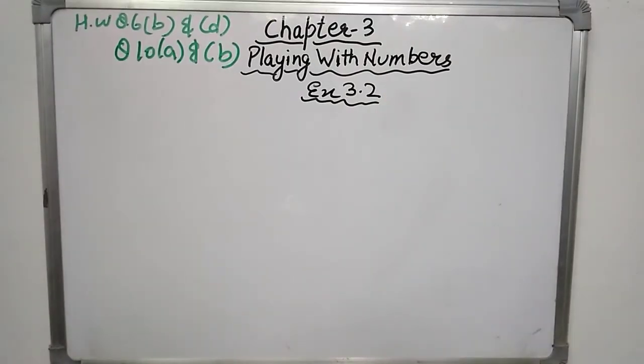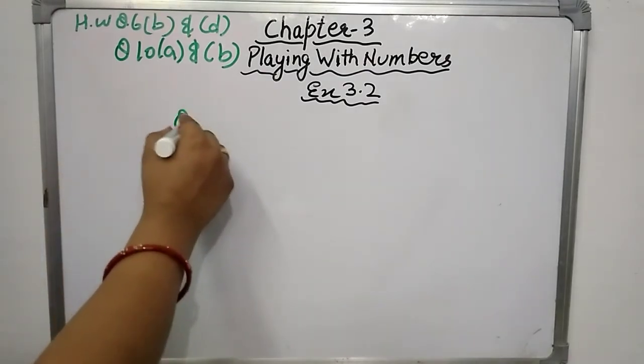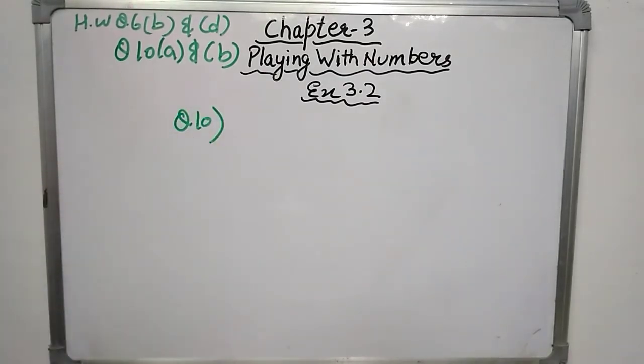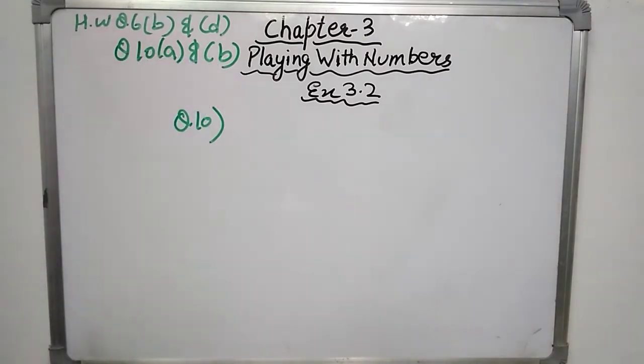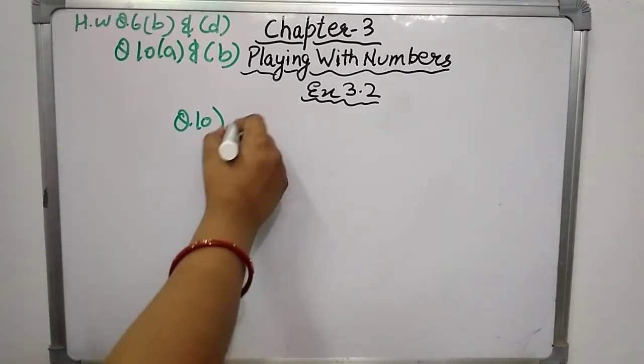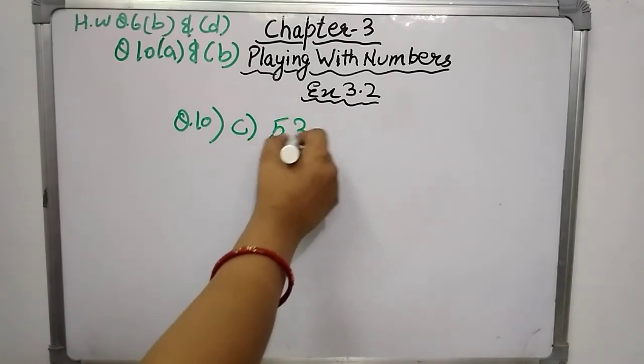Let's take question number 10. Question number 10 is, express each of the following numbers as the sum of 3 odd prime numbers. So part A and part B you will do as your homework. I am doing part C here.